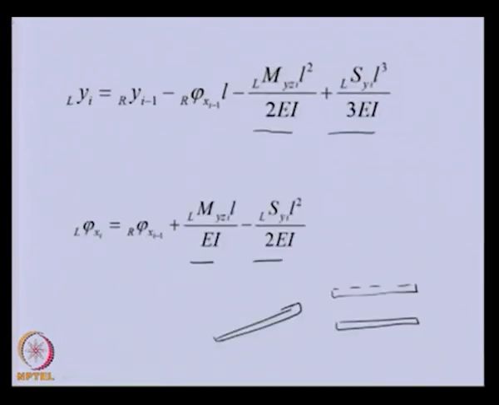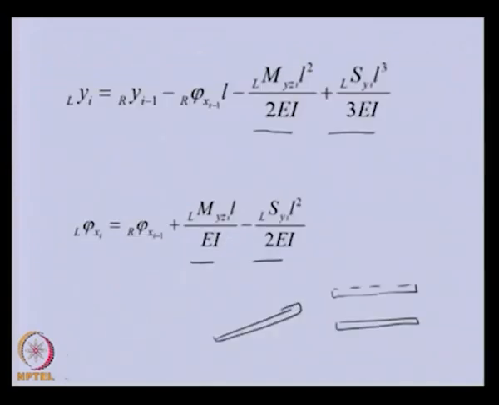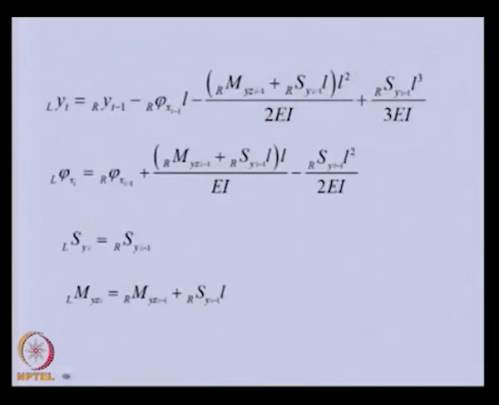Now I am replacing it with this moment because we have already these relations. So I am just substituting this expression here, so that all the terms on this side are toward the right of the ith disk terms. Similarly, in the angular displacement case, replace this term, and these are the two relations which we obtain for the shear force and bending moment. There is no change in this.